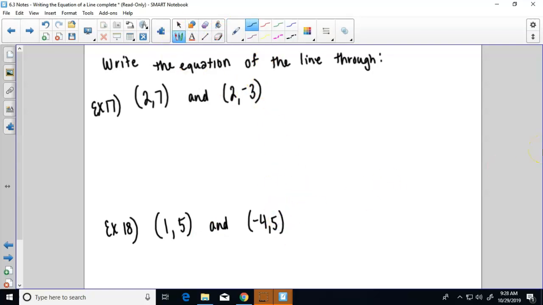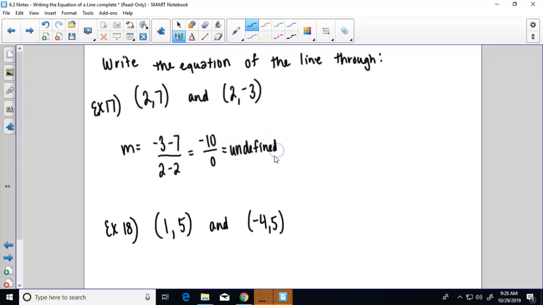Okay, so we could go through and do the exact same thing that we've been doing for these problems. So if we did, we would have to find our slope. And if we found our slope, we would have negative 3 minus 7 over 2 minus 2, which gives us negative 10 over 0. What's that? Undefined.